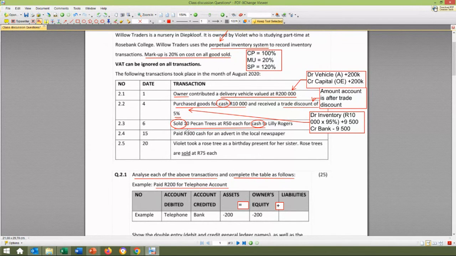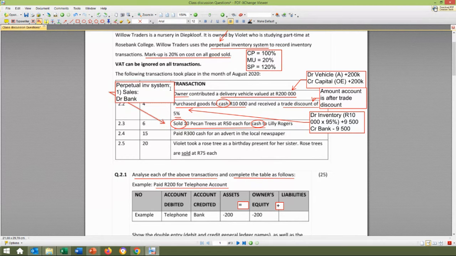Now, with your perpetual inventory system, when we have a sale, we will have to do 2 transactions as opposed to 1. So the first transaction is our sales transaction, where we are going to debit the bank.